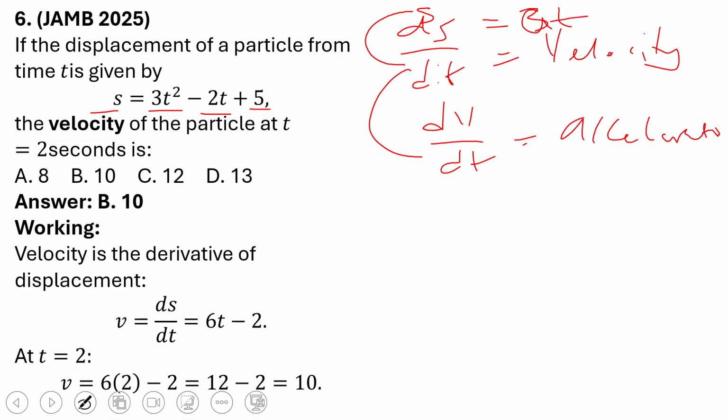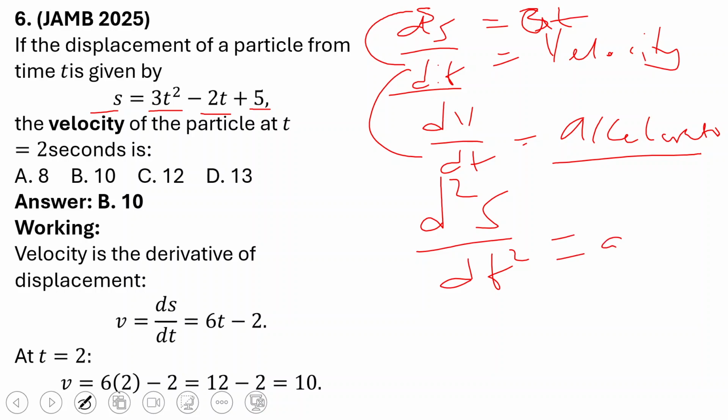So I can express acceleration as d2s over dt squared. That is, by differentiating distance twice, I get acceleration. From distance, if I differentiate the first time, I get velocity. Whatever I got as the answer of the differential, if I differentiate again a second time, I get acceleration. The second differentiation is called the second derivative, while the first differentiation is called the first derivative.